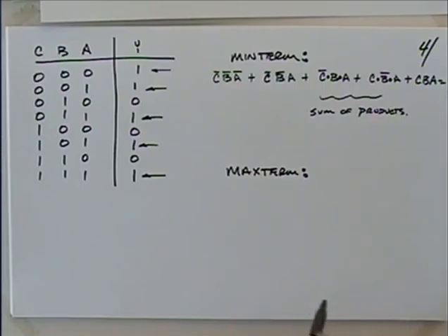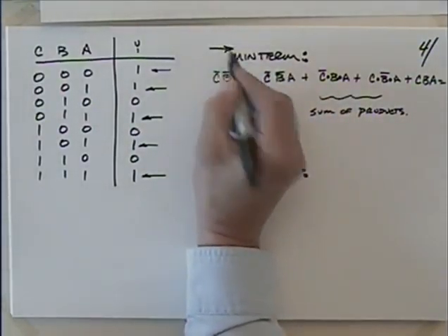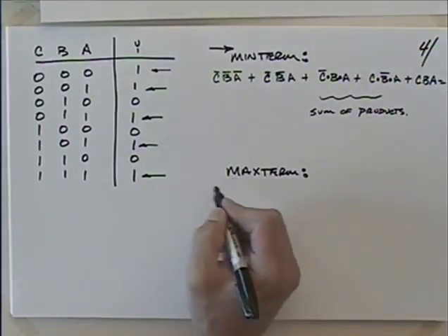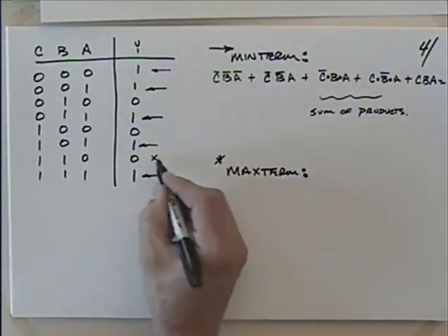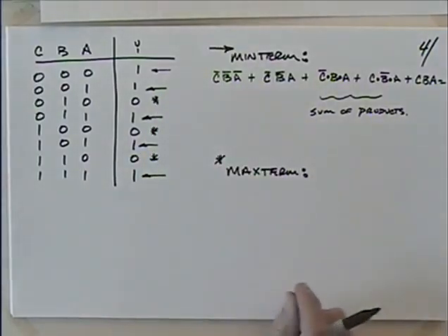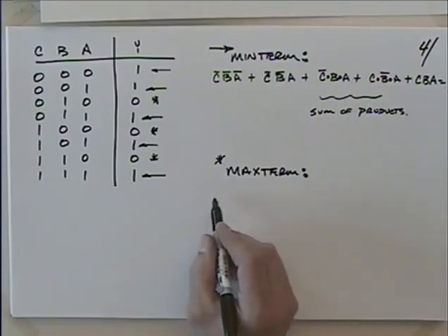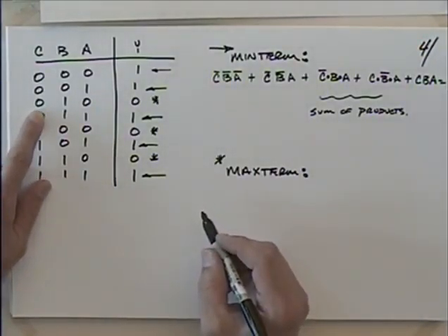Well, let's look at the max term expression. With the max term expressions, I'll say this is the arrow. I guess we need another little symbol. We will say it's this. So we're looking at that, that, and that, aren't we? So what are we going to have? We need to invert B, don't we?